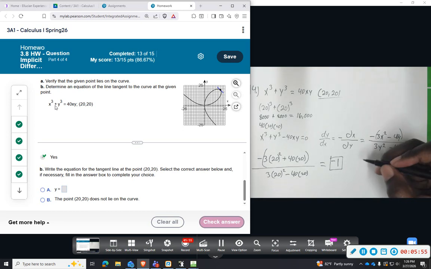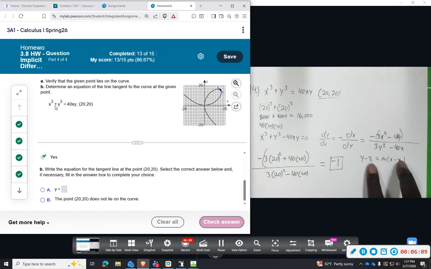Having my slope, we're going to do y minus y1 equals m times x minus x1. To write this in slope-intercept form, both the x1 and y1 of the ordered pair are 20, and our slope is -1. So I'm looking at y minus 20 equals -1 times x minus 20. Distribute, and we're going to move that 20 over.